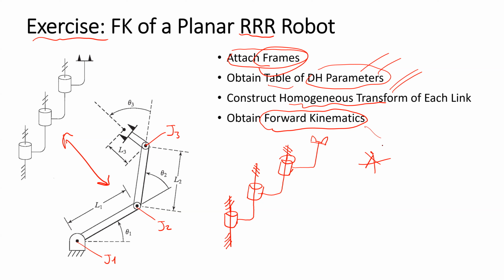I think the challenge is how to attach frames and find the correct values of the parameters. The homogeneous transform and forward kinematics are the straightforward part. After you obtain the correct parameters, it's not going to be a problem to obtain the homogeneous transform.